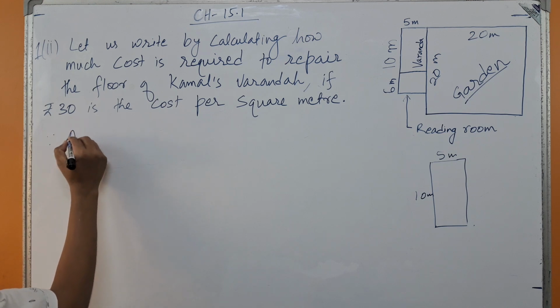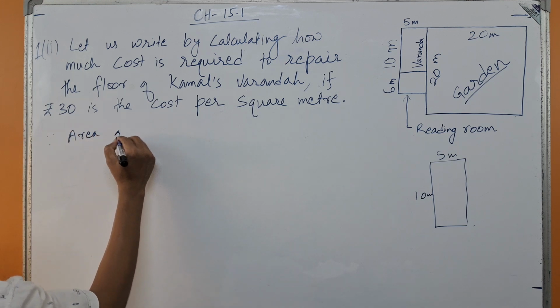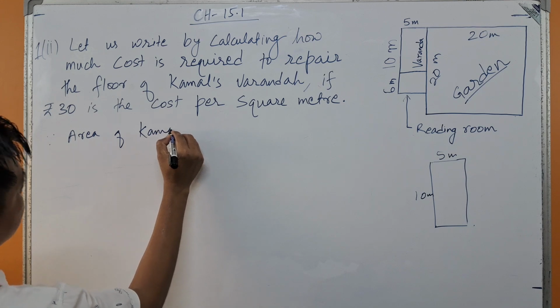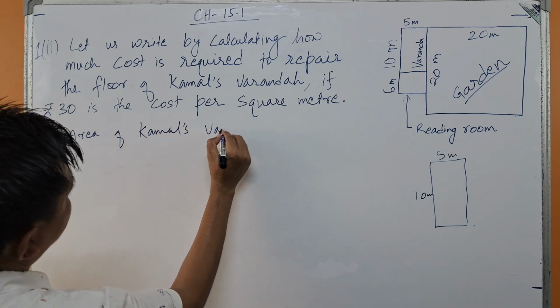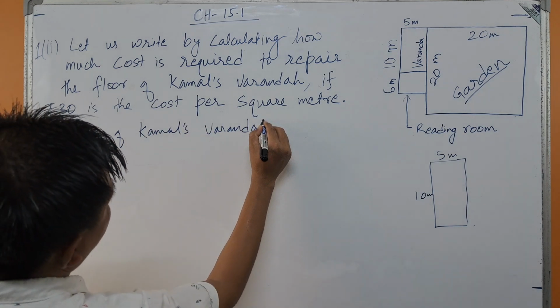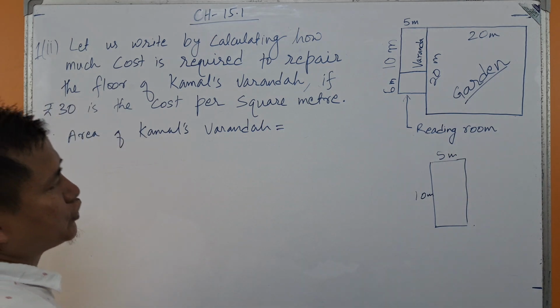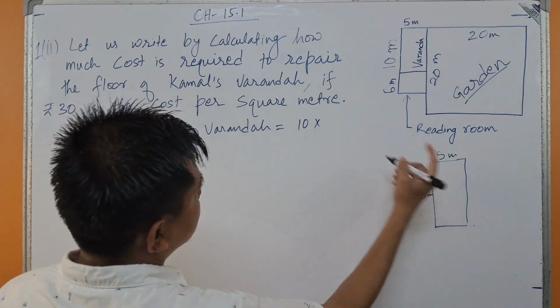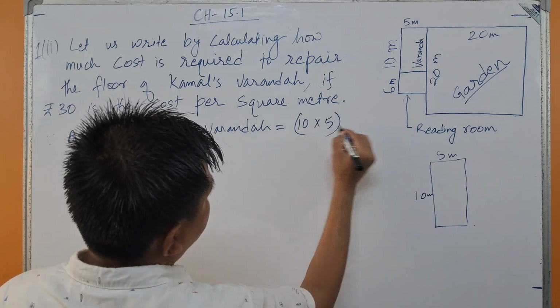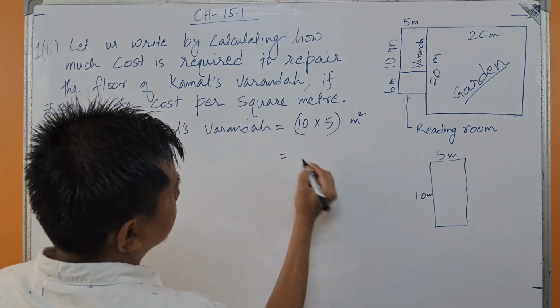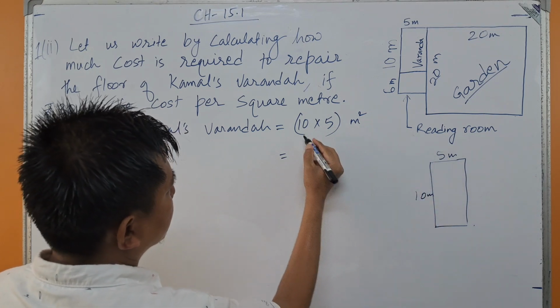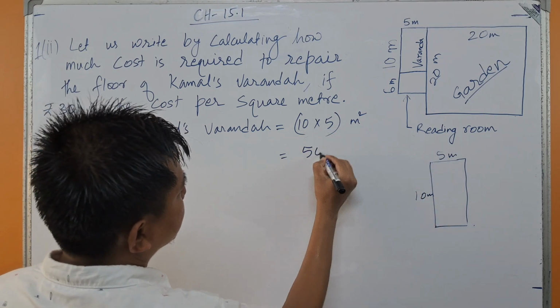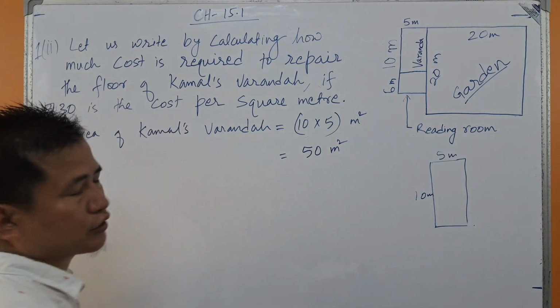Since area of Kamal's veranda equal to length into breadth. So what is length? Length is 10 into what is breadth? Breadth is 5 meter square. Meter into meter is meter square. 10 5s are 50 meter square or square meter.